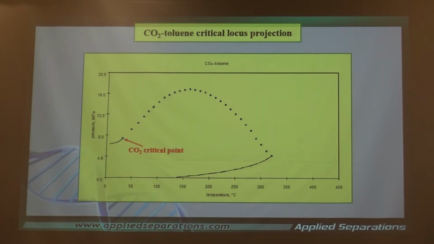That is, they will be destroyed if the temperature gets too hot. So most of the time, we either have to increase the temperature or increase the pressure in order to maintain that single phase. It's an important consideration. If you don't, you will have a two-phase system, as shown here.